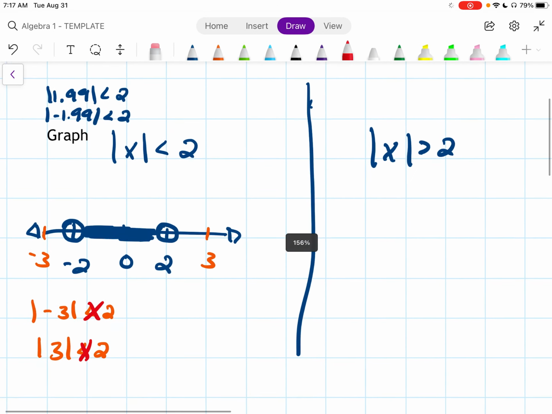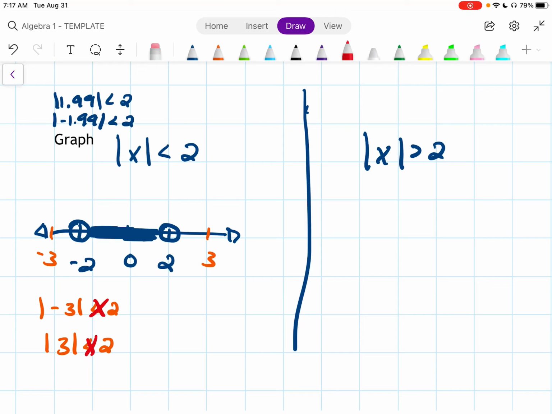Now, if we have absolute value of x is greater than 2, we'll draw my number line again. Again, we're going to have open circles on the 2's. And then absolute value of x is greater than 2.